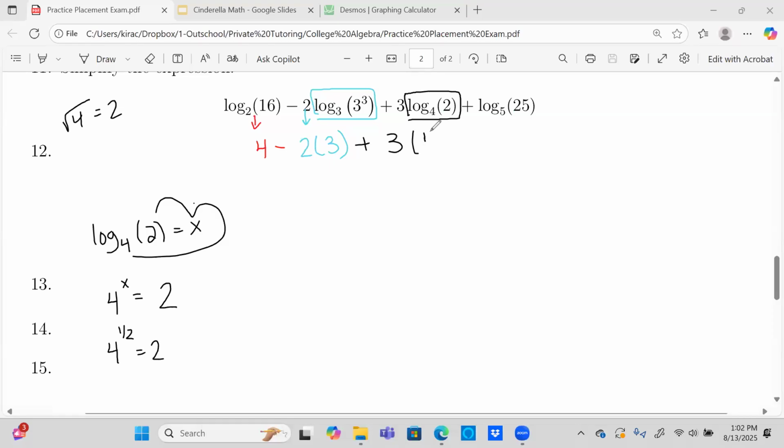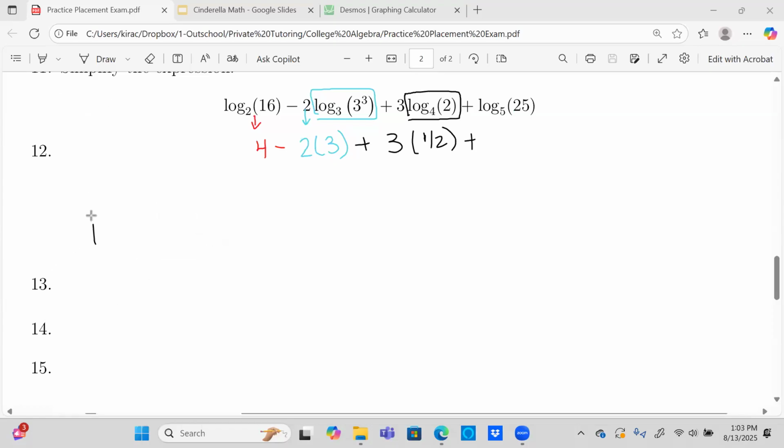So that's just going to be a half plus. Last one, there's nothing to drop, so we're just working this. Log base 5 of 25 is what? Heart. 5 to what power is 25? And that would be 2. There we go.